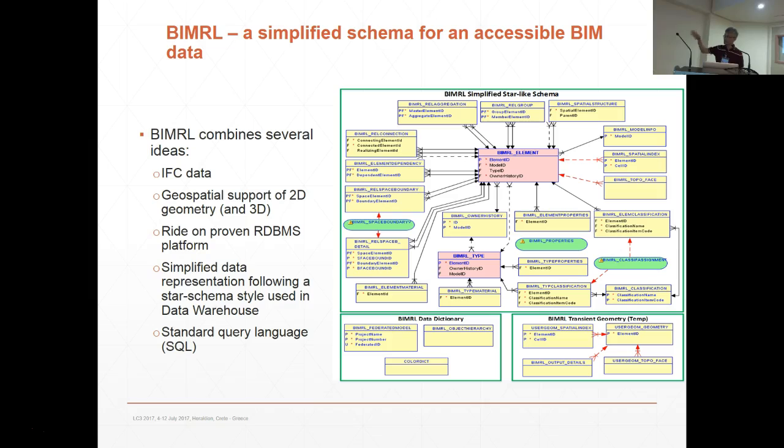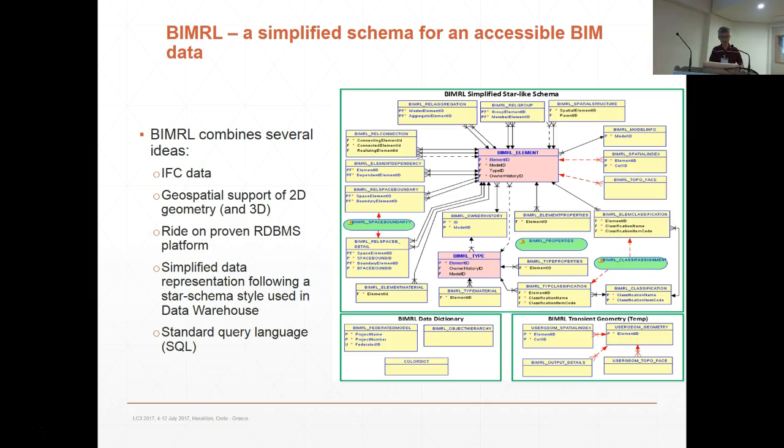It's a bit too small for you to see, but basically what we try to do is simplify the IFC model into a set of 20 tables, just 20 tables. The concept is to make use of geospatial support for 2D and 3D, a limited 3D model.